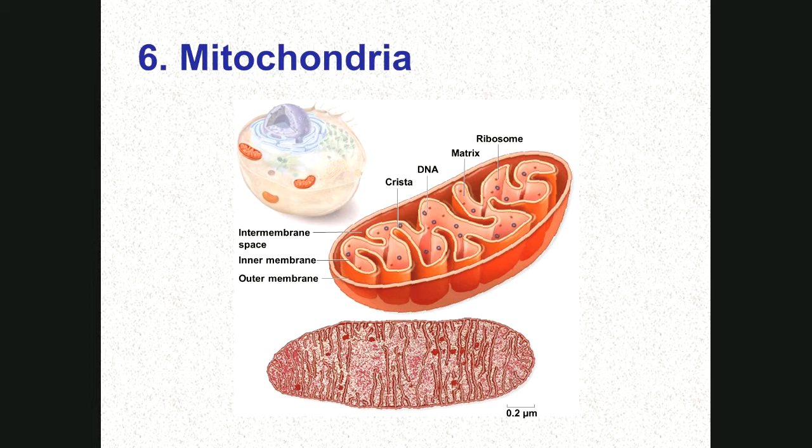We have an outer membrane that will be in contact with the cytoplasm, and we have an inner membrane that will be in contact with what we call the inside of the mitochondria. We call that the matrix. And those invaginations over here, we call that crista. It's the invagination of the inner membrane. Crista or cristae.